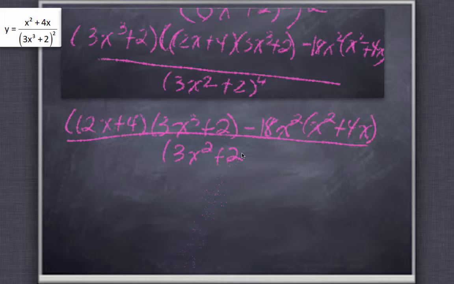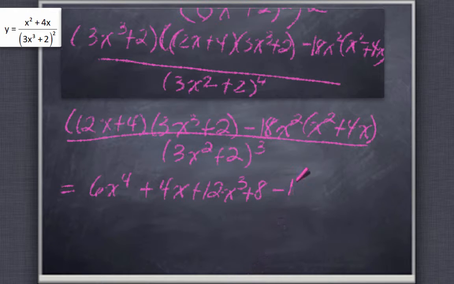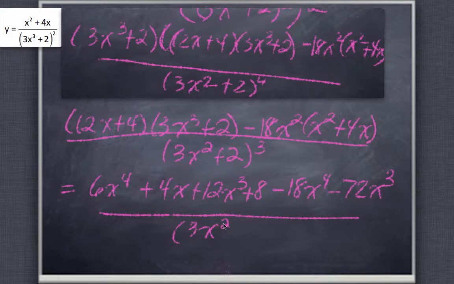Okay, so now I'm going to put these together. So I've got 2x times 3x cubed plus 4x plus 12x cubed plus 8 minus 18x to the fourth minus 72x cubed. I lost a 3 somehow.